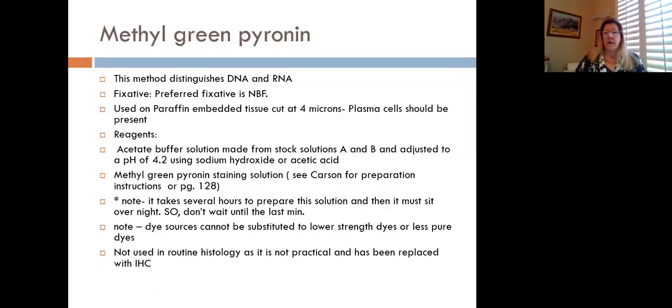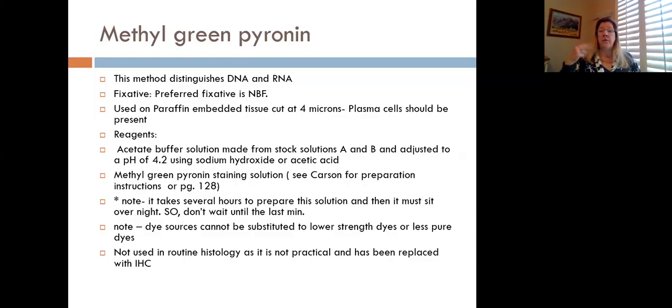Then we have the methyl green pyronin. So this guy stains both DNA and RNA. Its fixative is NBF. It's used on paraffin embedded tissue.